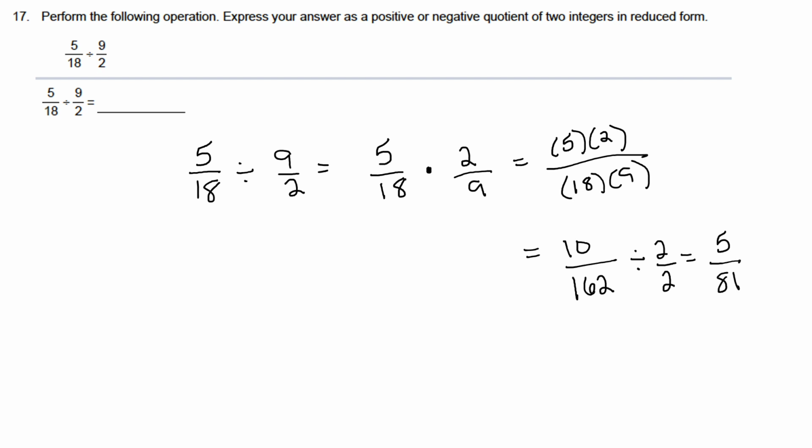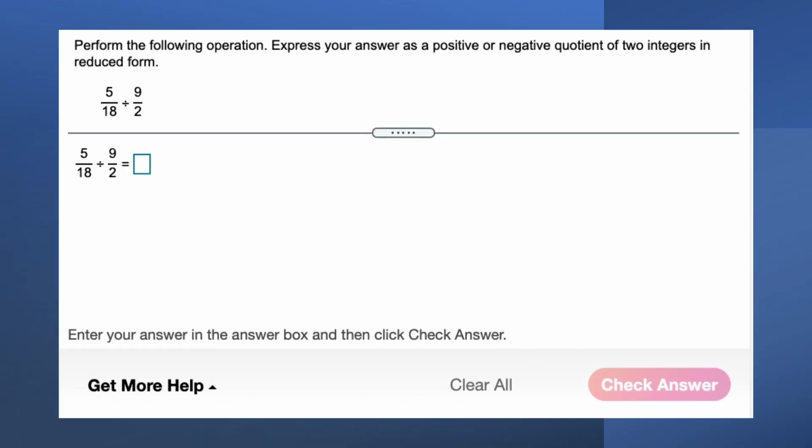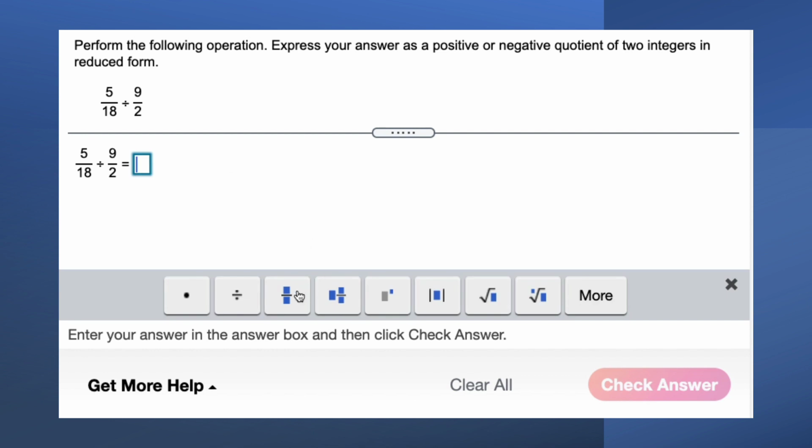So I can't reduce this fraction any further, so my answer is 5 over 81. Again, we'll put our cursor in the answer box, select the fraction template, type in a 5, move the cursor, type in an 81, and check our answer.